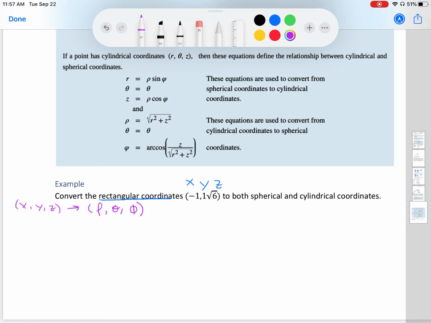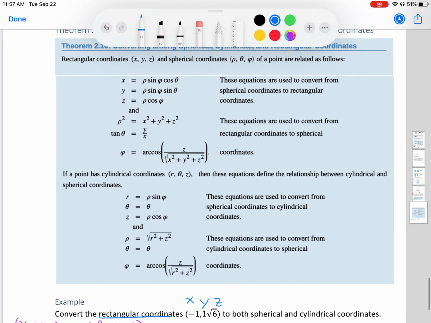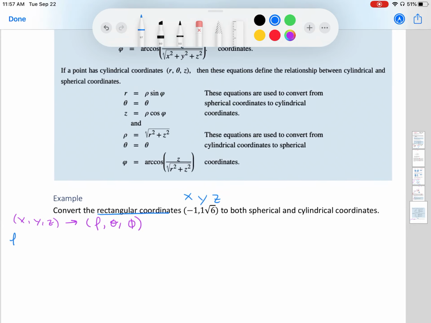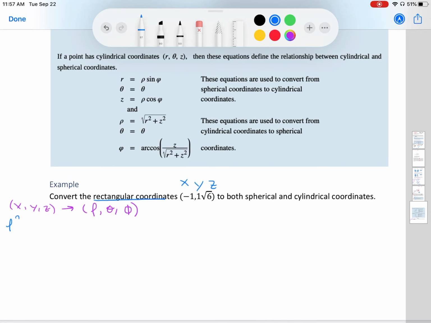Okay, let's begin by finding that rho. How do I find rho? Do we have a formula for that? We do, right? Rho is made up of x squared plus y squared plus z squared. So rho squared is equal to x squared plus y squared plus z squared.